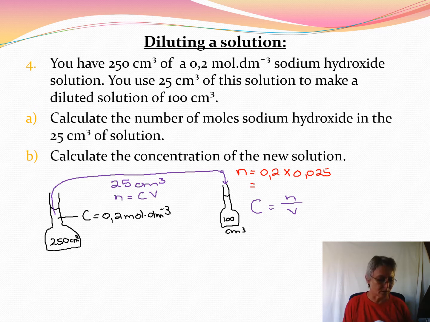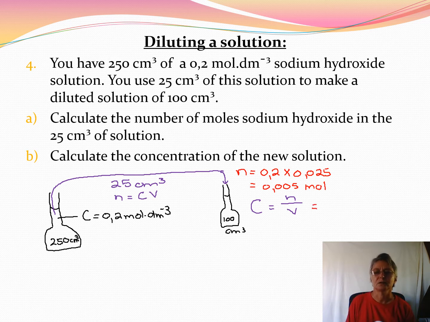So 0.2 times 0.025 brings us to 0.005 moles. So that is the mole in the second container.